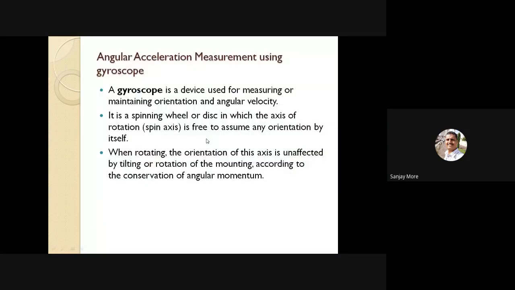When rotating, the orientation of this axis is unaffected by tilting or rotation of the mounting, according to the conservation of angular momentum. Okay. This is the principle and concept of gyroscope.